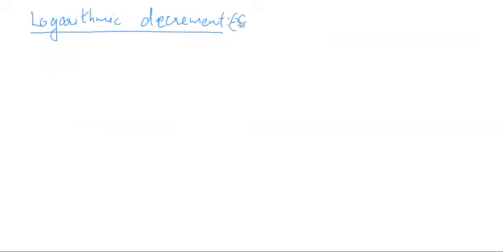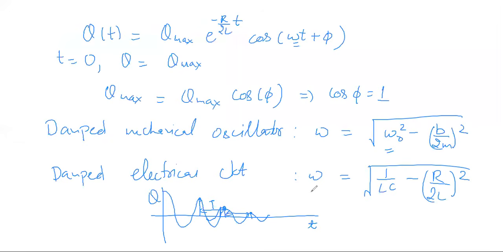Hello. Yes, tell me. Ma'am, in the LCR circuit, the resonating angular frequency is omega equals 1 upon the square root of LC. Yes, in an LC circuit. So is that this omega or omega naught? This is not omega naught. If you write it in terms of omega naught, you will write omega naught square minus R upon 2L whole square.